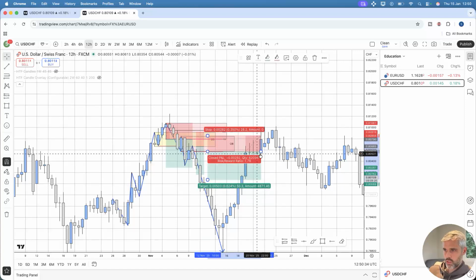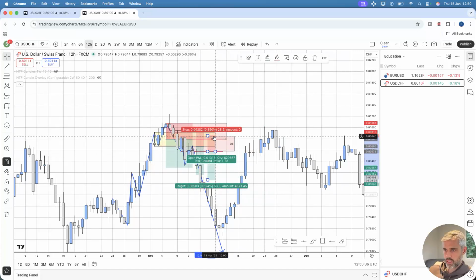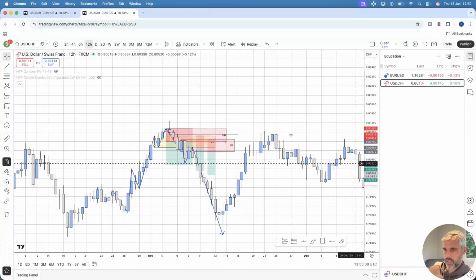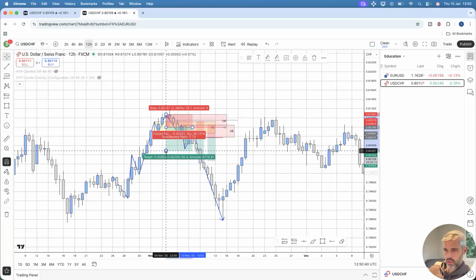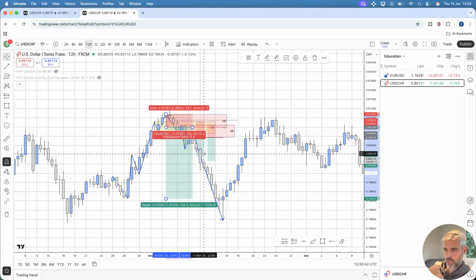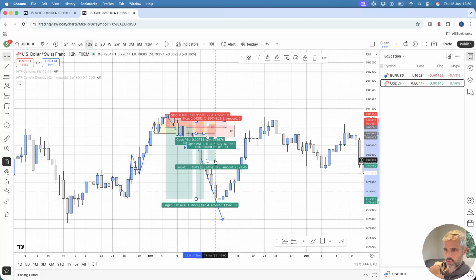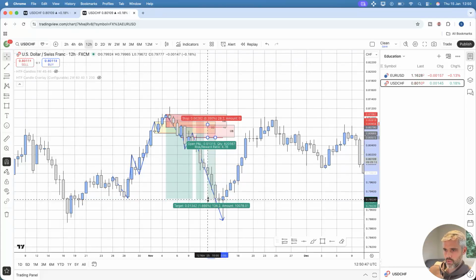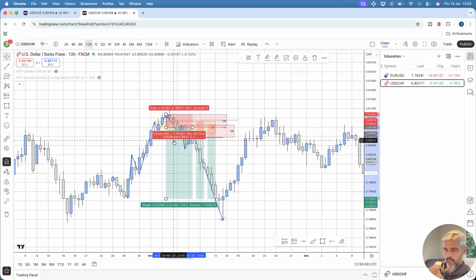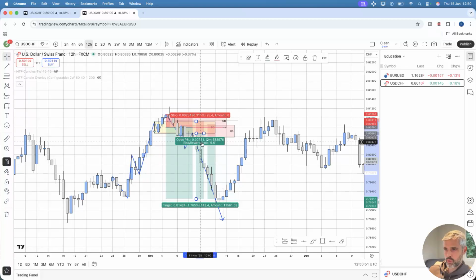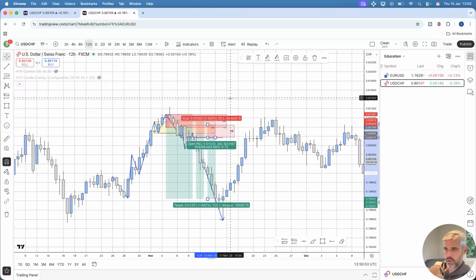So it's just using internal range liquidity as it's created, and then we target the low. And I'll explain why this again is a low that you would want to target. So there you have 3 trades, 5.3R, 5.6R, 4.7R.